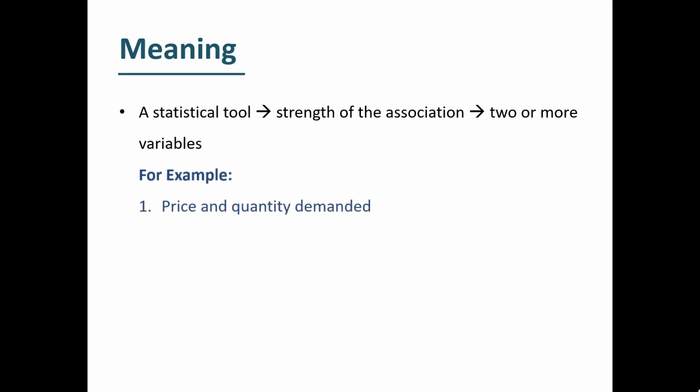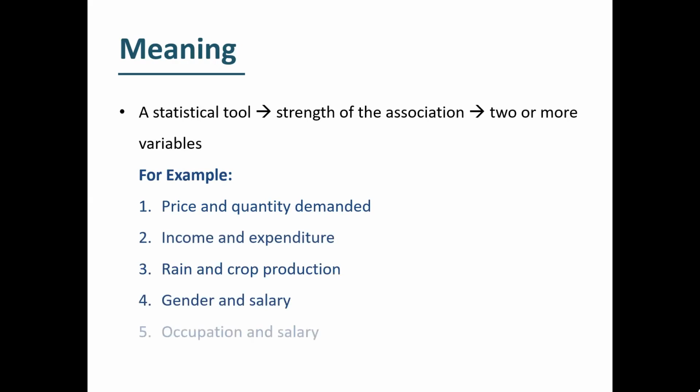For example, price and quantity demanded, income and expenditure, rain and crop production, gender and salary, occupation and salary, caste and education. So here you can see some variables are quantitative, some variables are qualitative. Gender is a qualitative variable, occupation is a qualitative variable, caste is a qualitative variable.